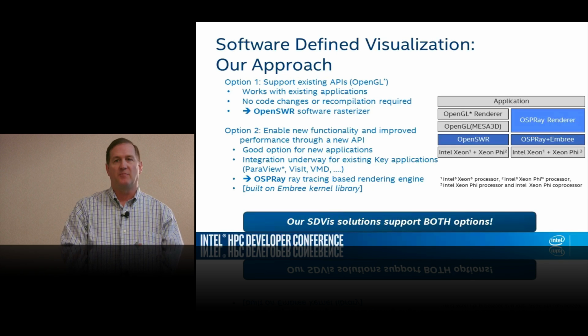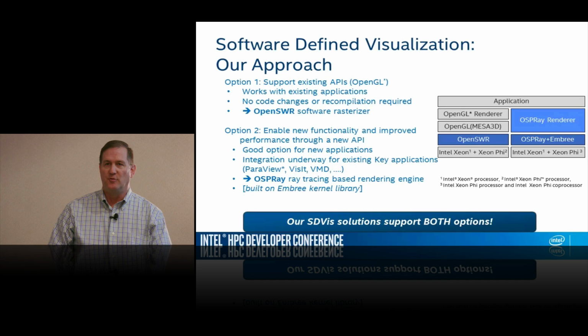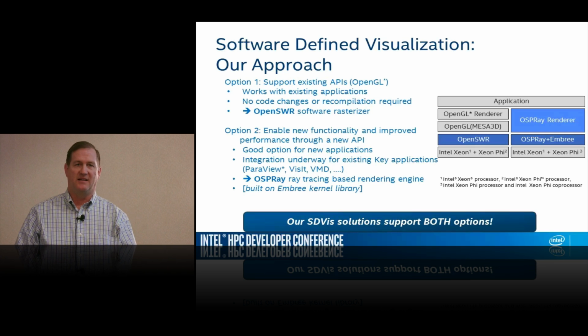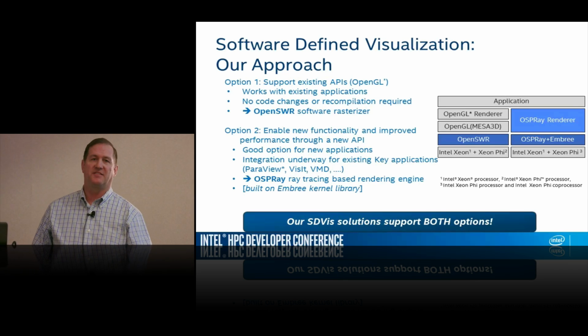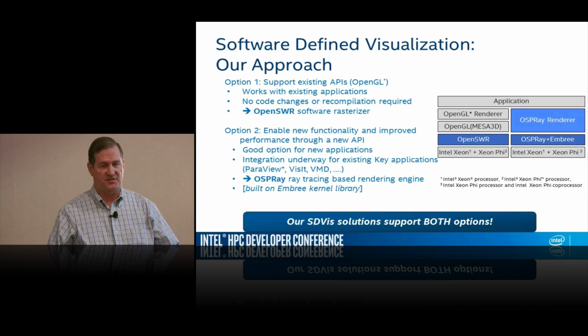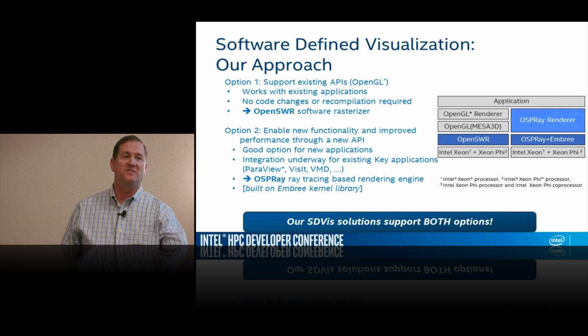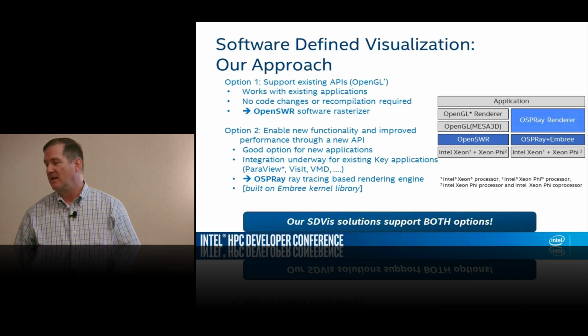We had some dabbling with that, like I said, with VMD and other uses, primarily for publications to print out the best possible. But when it comes to interactivity, OpenGL was the standard. So we said, hey, we need to do both, okay? We need to enable legacy applications on clusters that were very targeted at OpenGL. It was basically the only game in town unless you were kind of rolling your own.